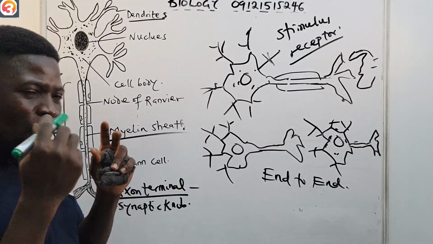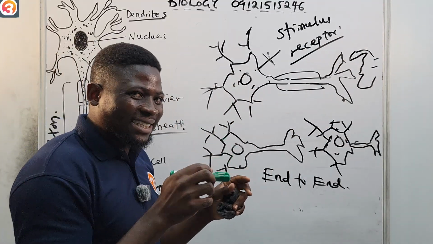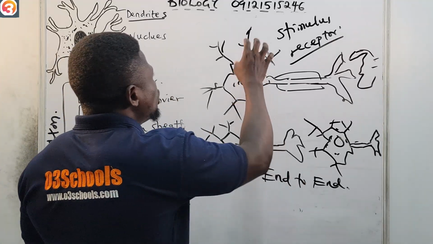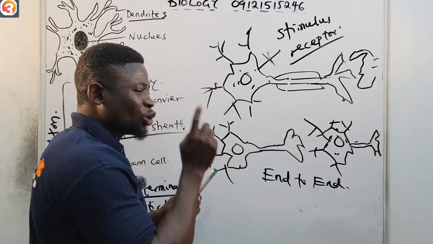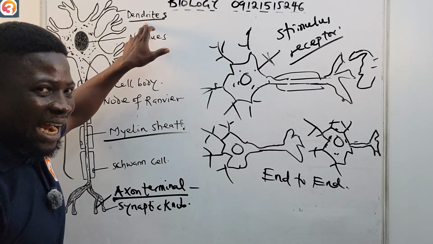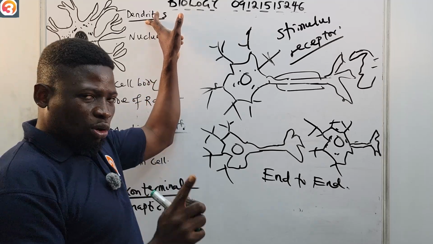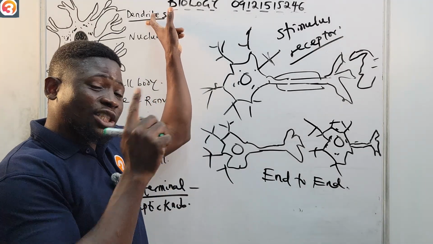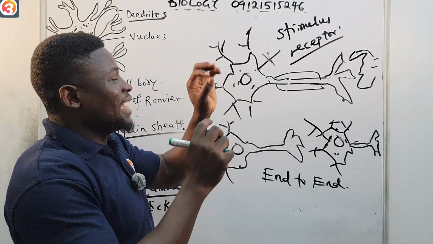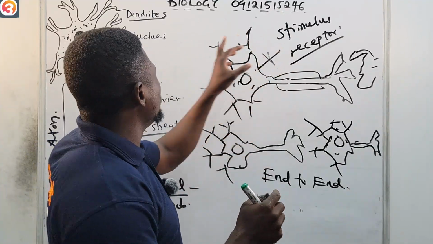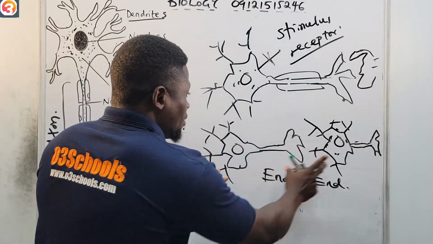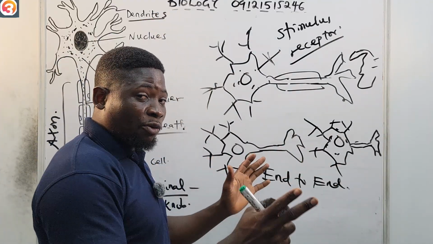Once it perceives it, it will pass the electric signal or impulse to the dendrite of the first neuron. Remember, we're talking about two neurons now, connected one after the other.